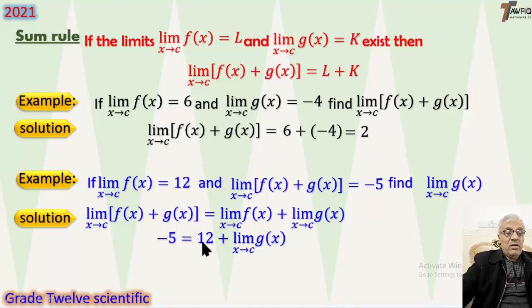Now take 12 from right to the left, and the limit as x approaches c of g(x) is equal to minus 5 minus 12, which is minus 17.